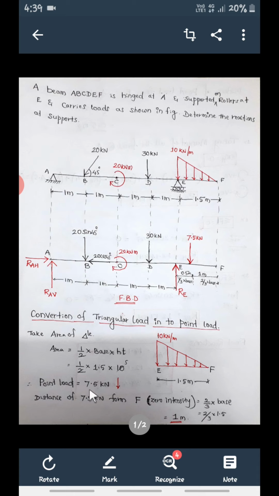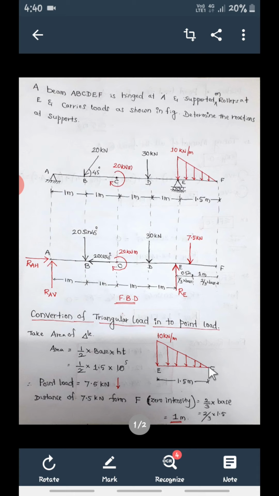One question you may ask is where this point load will be acting. There are two ends, F and E, as we already discussed. F is called the zero intensity end. The load exactly here is 0, and at E it is maximum. When you convert this triangular load into a point load, the point load becomes 7.5 kilonewton, and it will be acting at a distance from F. F is the zero intensity end, there is no load here.